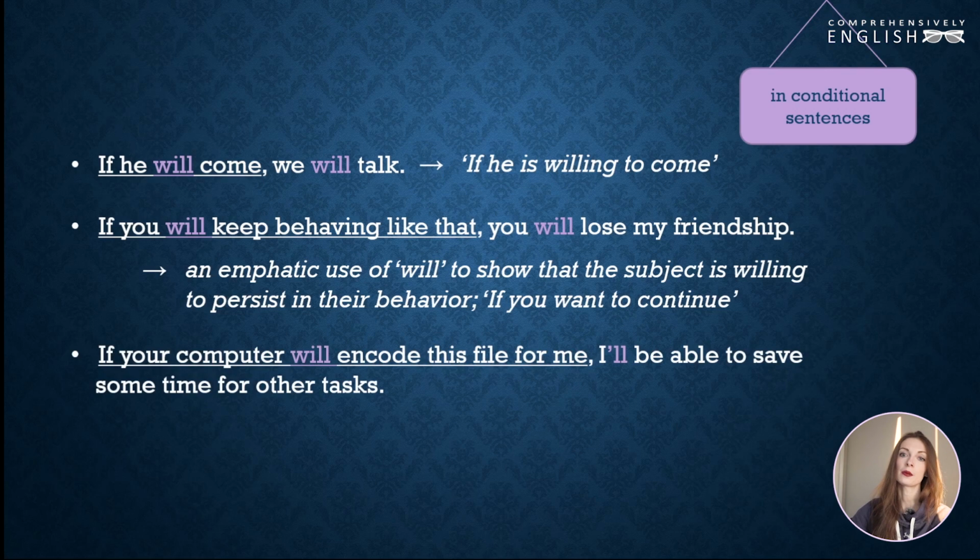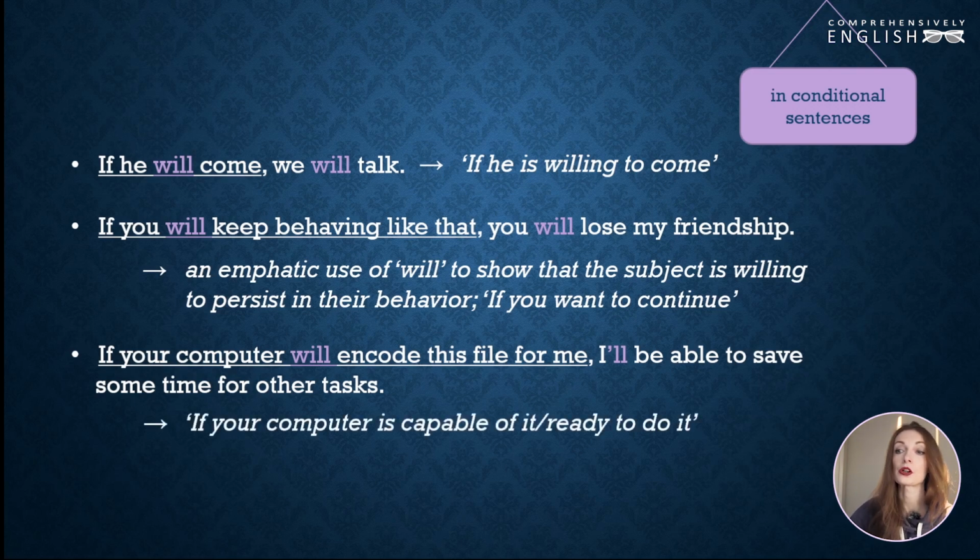And another example is, if your computer will encode this file for me, I'll be able to save some time for other tasks. A computer is not a living being, it's a thing, yeah? But we can use will with objects, with things, to demonstrate that they are capable of doing something, that they have a power or characteristics good enough to perform a task.